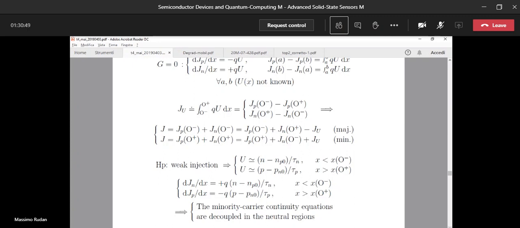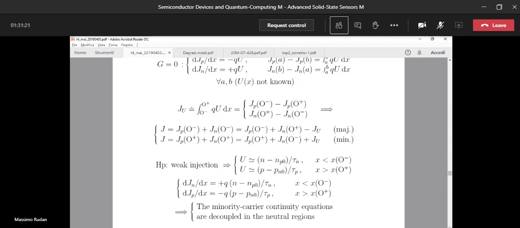Similarly, when we are in the neutral region of n-type, that is for x larger than the position of O+, then we can approximate U as p minus pn0 over tau p. Why is this so important? Because it decouples the continuity equations, okay?